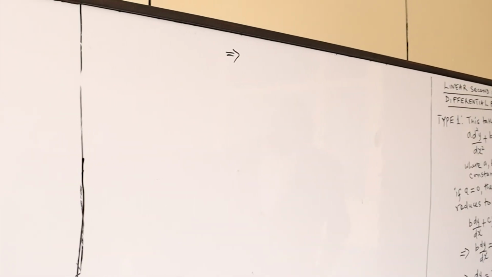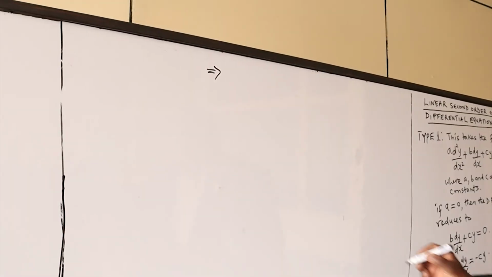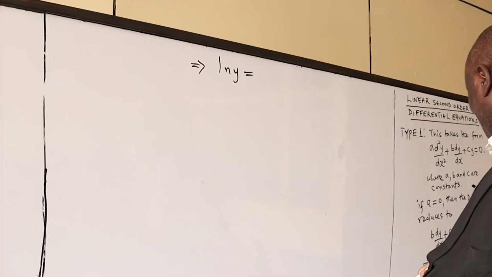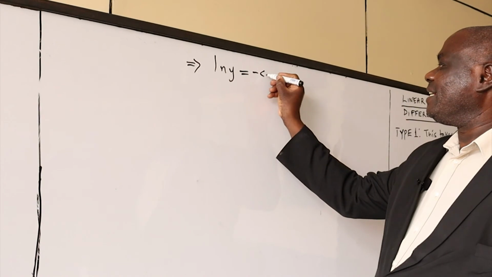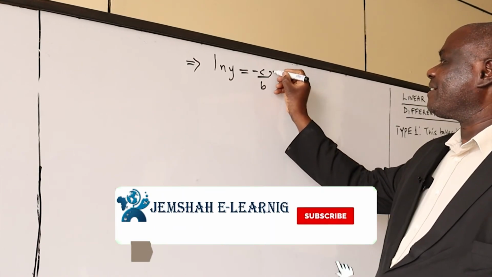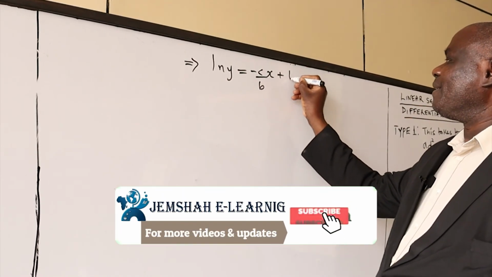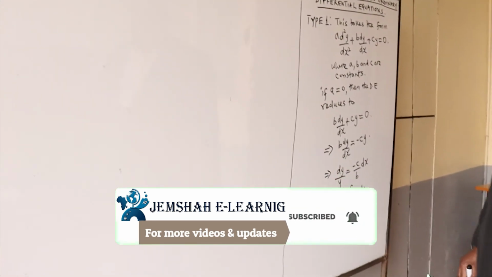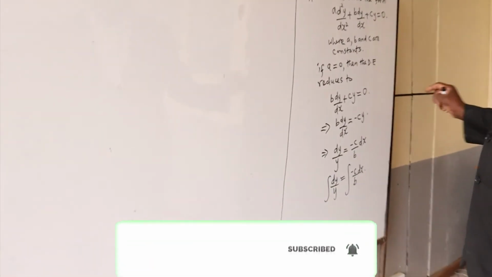implies what? Ln of y will be equal to minus C all over B x plus maybe a constant K. That's the constant of integration.